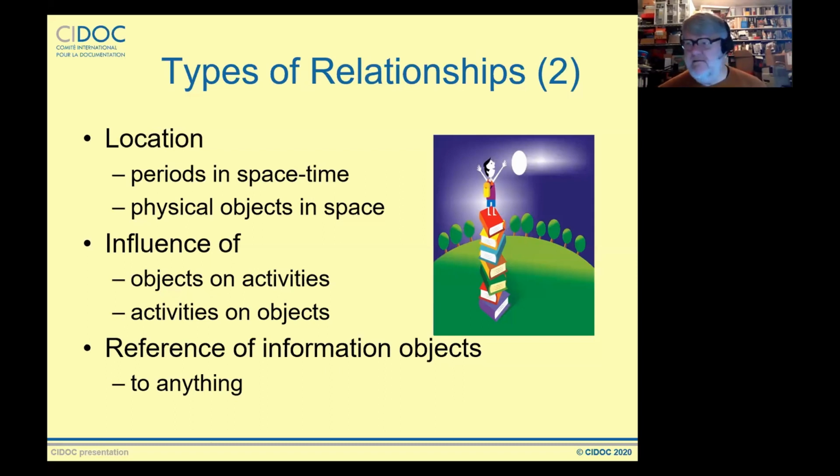So it refers to the content of our database referring to the items in our collection, as well as books referring to objects, books referring to our museum, biographies referring to people, and so on. So any information object that refers to something else, we want to be able to represent that, because that's useful for us in our study of the documentation that we have within our organization.